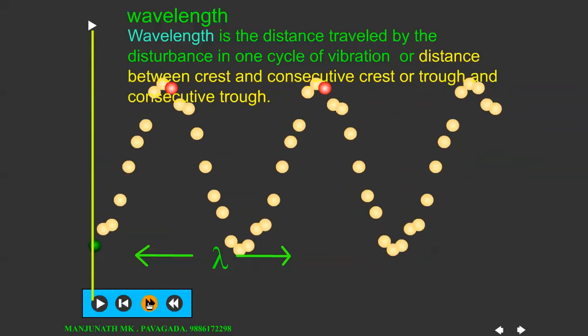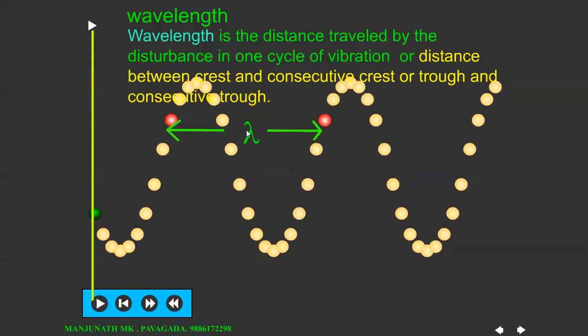So the distance between such particles is also equal to lambda, and that is one wavelength. Therefore we can also define wavelength like this: it is the distance between two consecutive particles which are vibrating in the same phase. Of course this one and this one are in the same phase, this one and this one are in the same phase. Therefore look here, the distance is lambda, and these two particles are in the same phase.